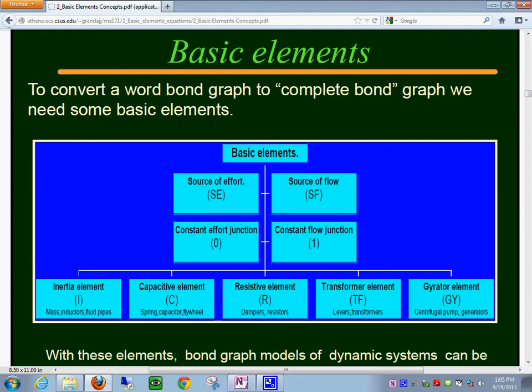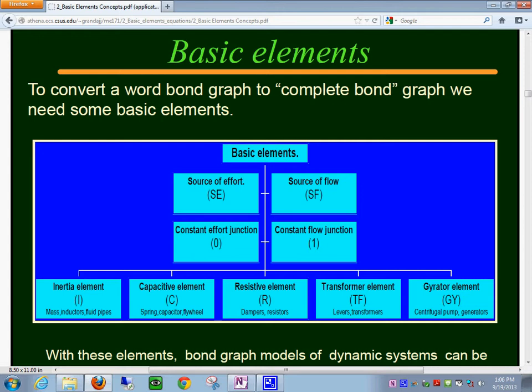The answer lies in this concept of the interaction between two variables, between two elements. Effort and flow are always power. So if the power is the same, then the product of the effort times the flow, which in this case would be the torque times the angular velocity, has to be the same.